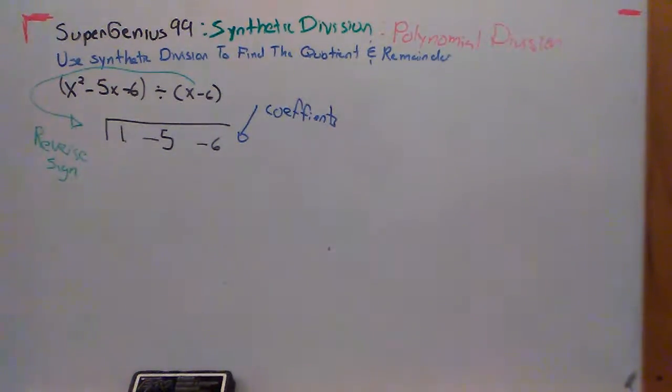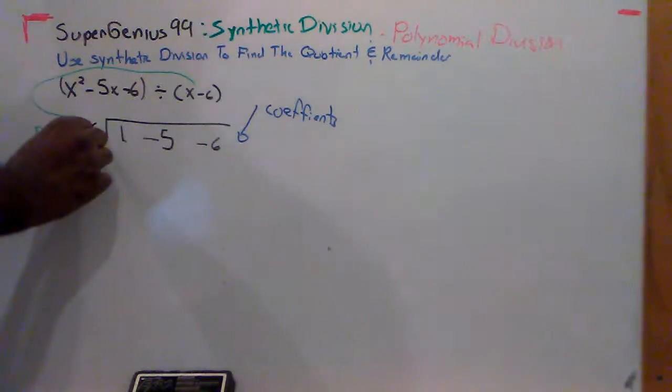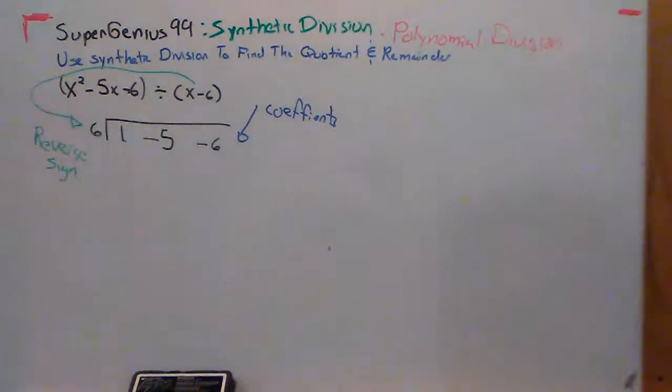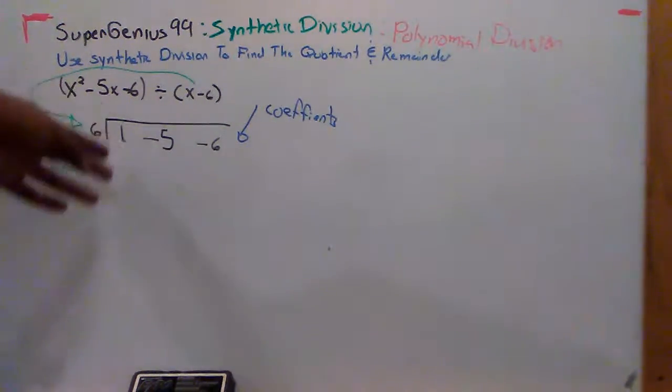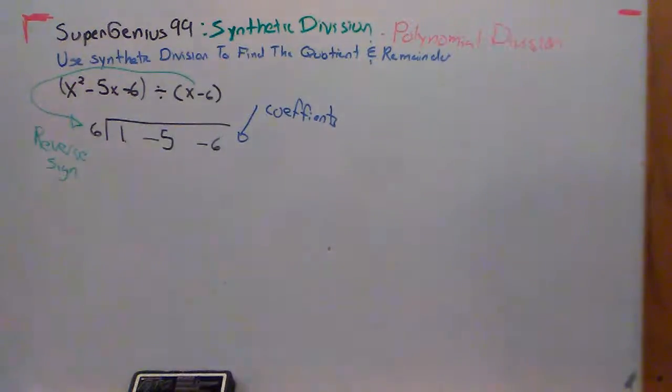Okay, so it was a negative 6, minus 6, so we're going to put outside positive 6. To do the synthetic division, first step is just bring down this first number.